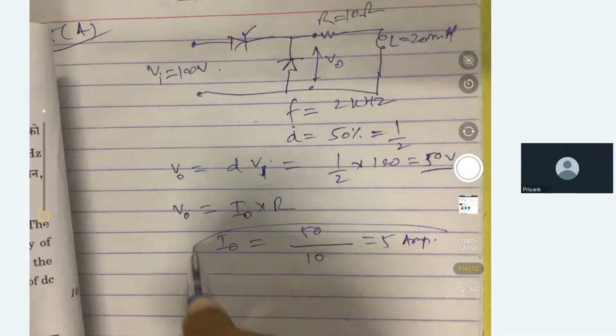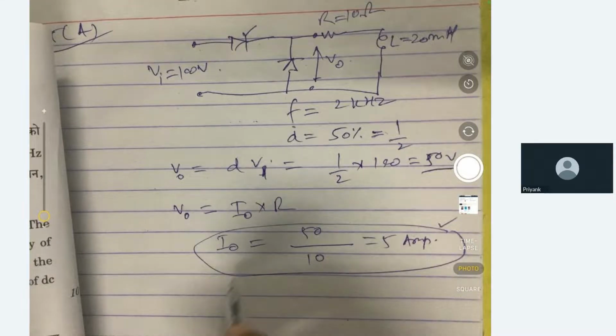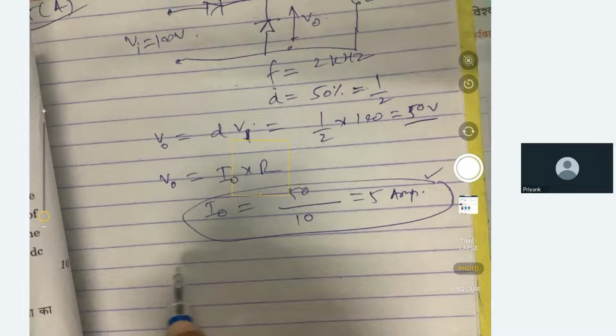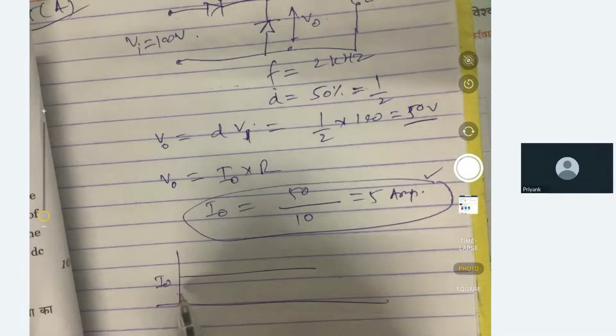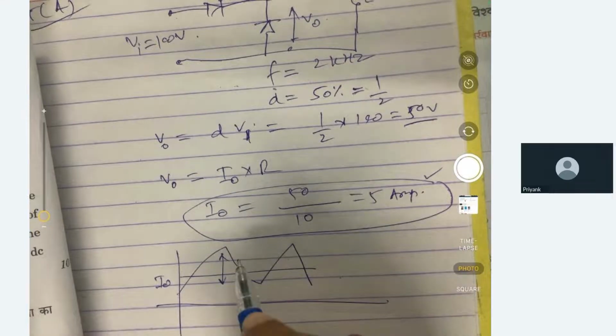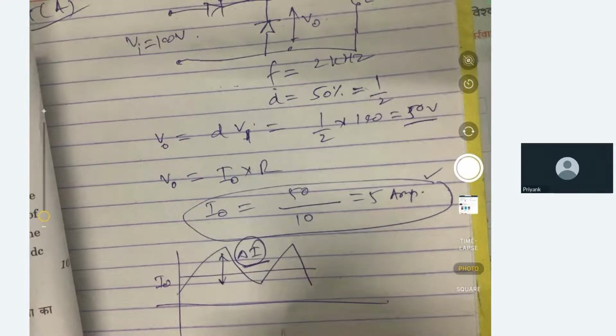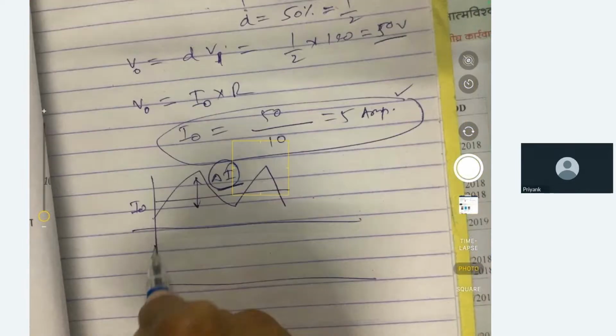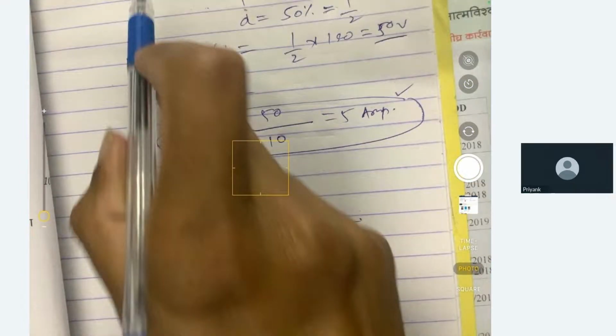The second part: they are asking for the peak to peak ripple current. So the output current is like this, and they are asking us to find this value, the peak to peak ripple current, delta I. If the output voltage is like this, then when it is on, the whole input V in is coming.